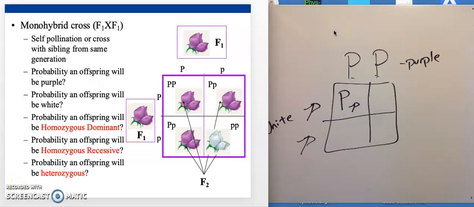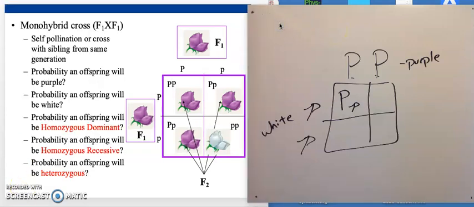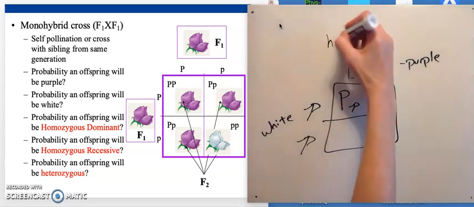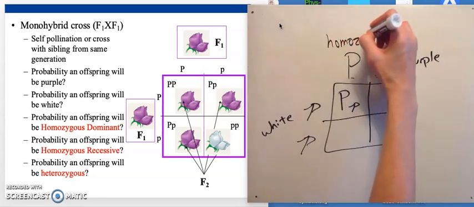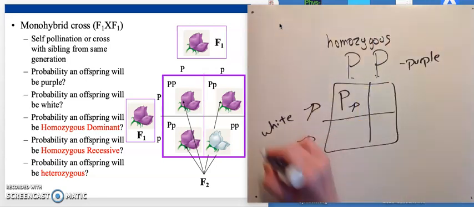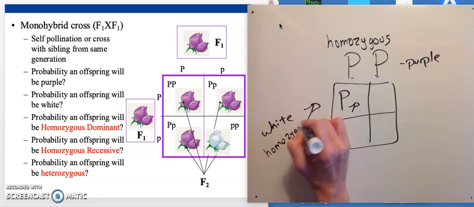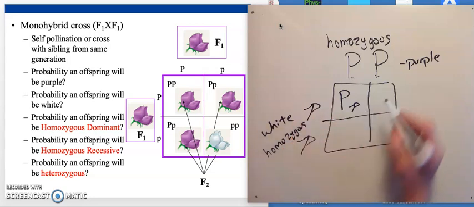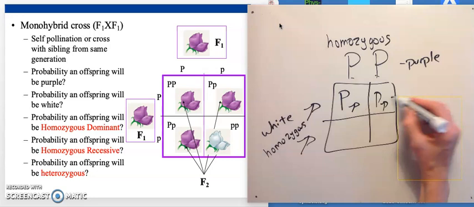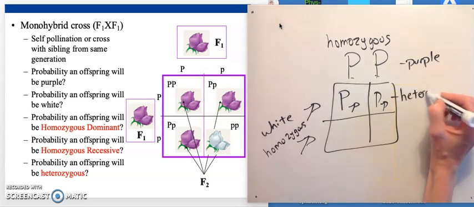True breeding parents that had two copies of the same allele are homozygous. And that's true of both the purple parents and the white parents. The offspring that have two different versions of the gene are called heterozygous.